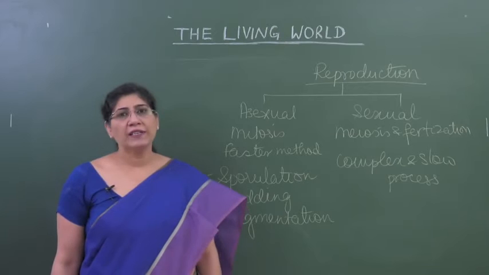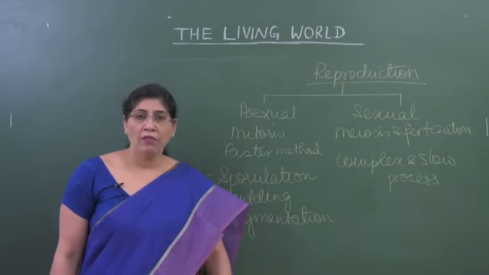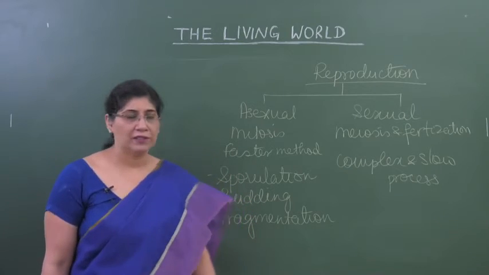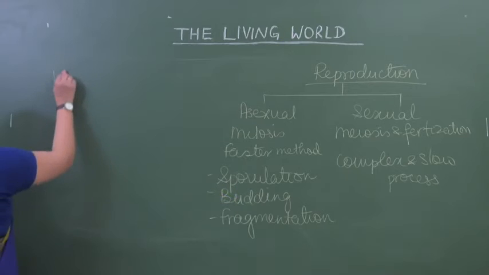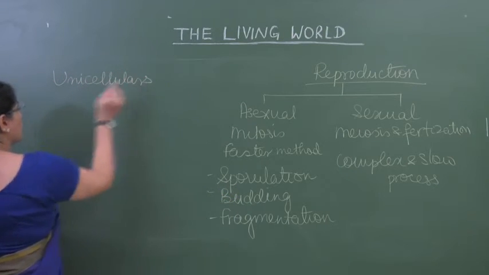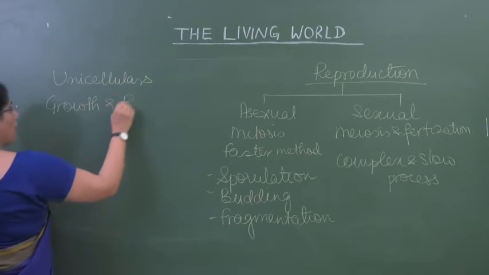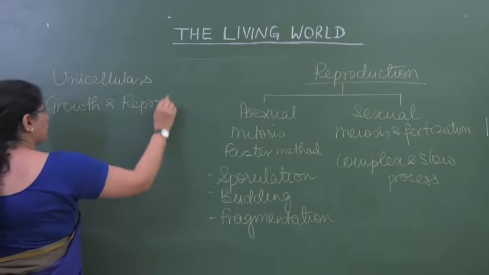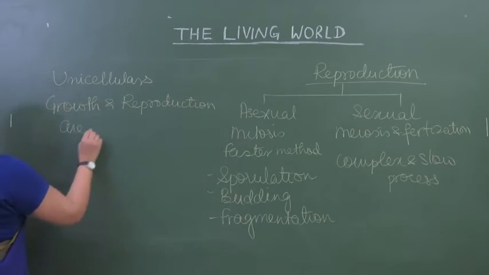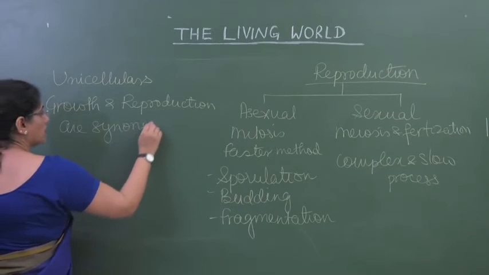So now the point is, is reproduction a defining feature? The first objection comes from again unicellulars. Same thing which we had done just now. In unicellulars, growth and reproduction cannot be distinguished, so are synonyms.